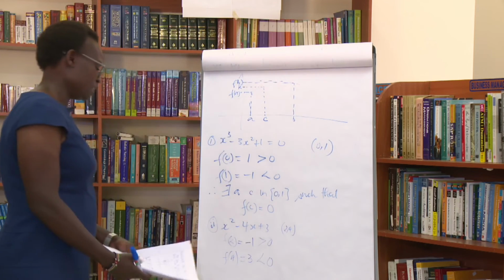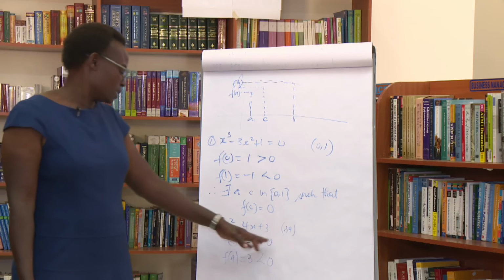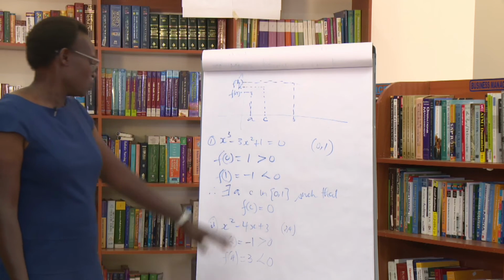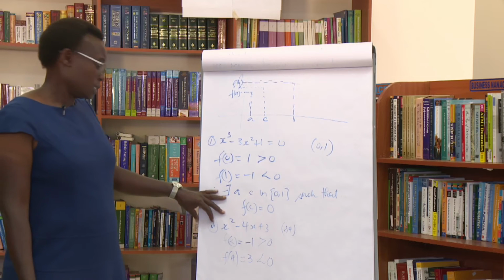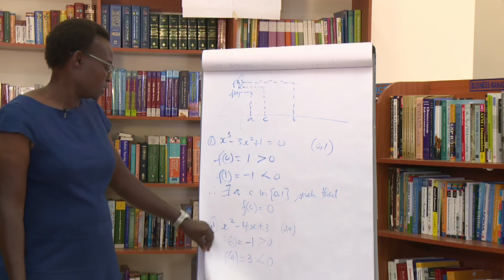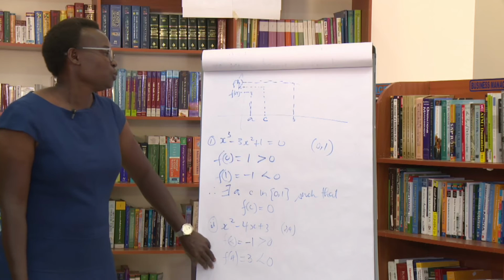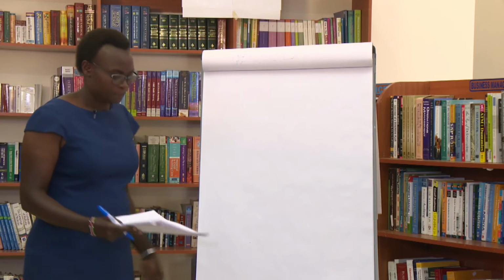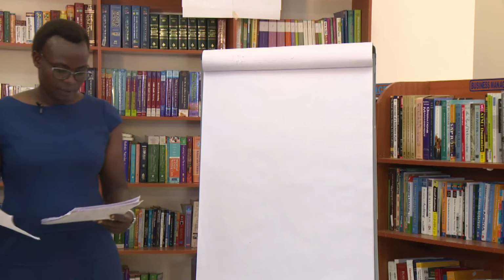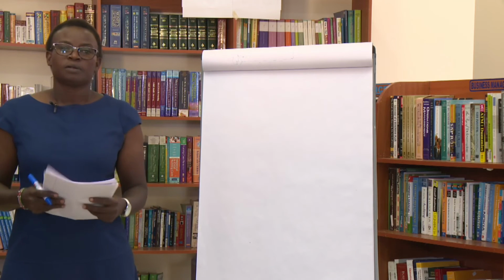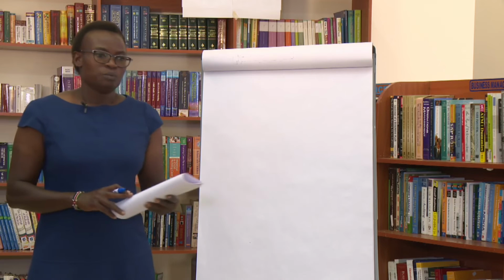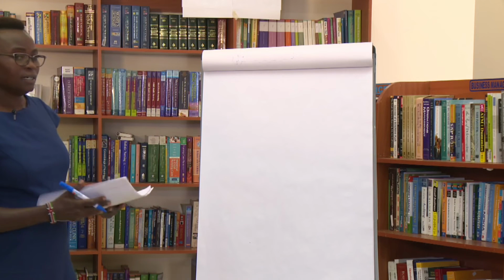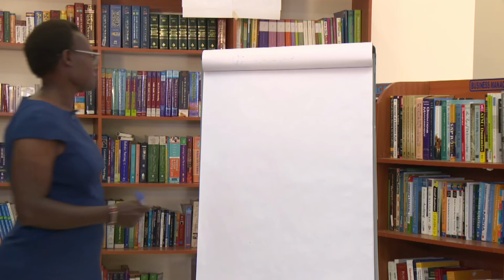So again, there is a 0 existing in between. So we can still make the same conclusion that there is a c that exists in between 2 and 4. Okay. So then we move to the next thing, and that is differentiation.